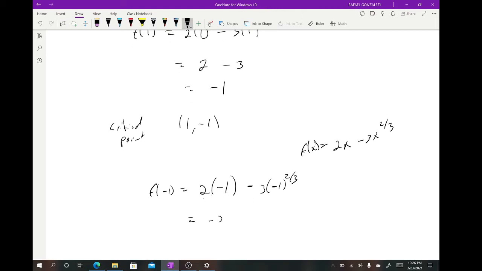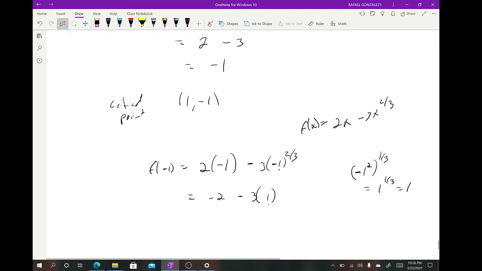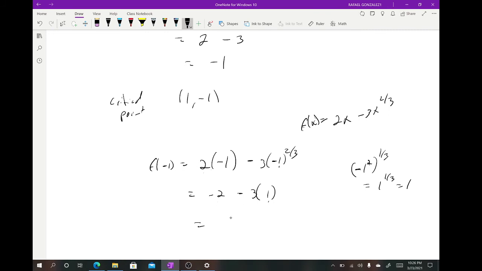So this is negative 2 minus 3. And now if you square minus 1, you get 1. And then if you find the cubic root of 1, it's just 1. So what I did was I did minus 1 squared to the power 1/3, which is equal to 1 to the 1/3, but that's just 1. That's how I got this 1. In any case, it is equal to negative 5 because minus 2 plus minus 3 is minus 5.